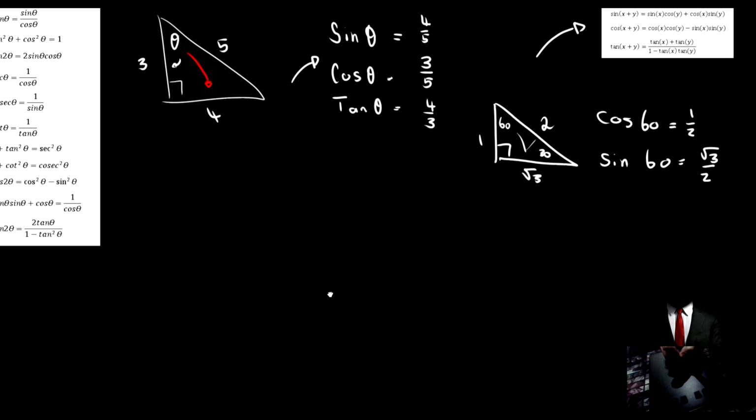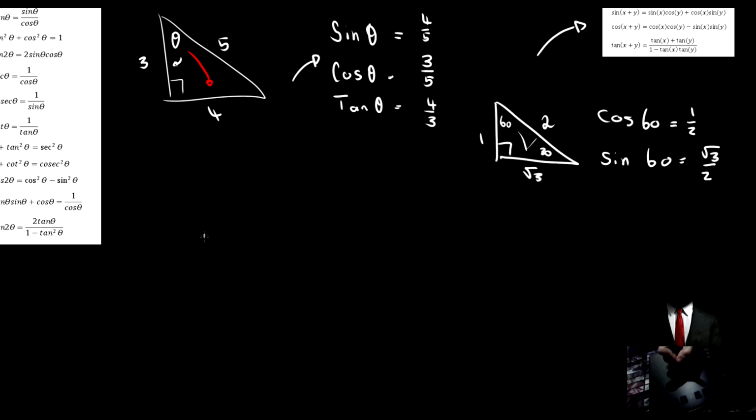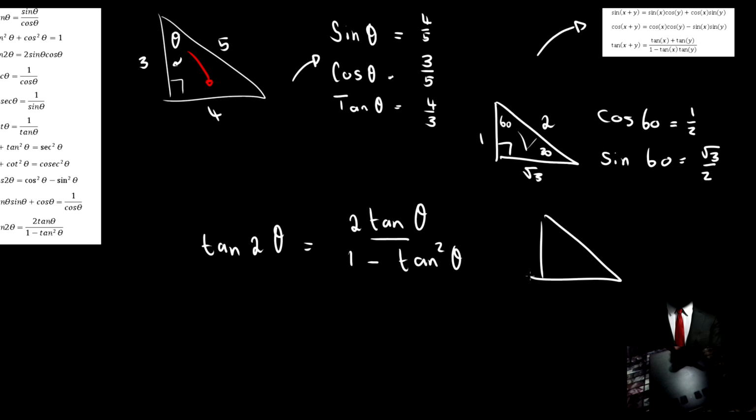Then we have this final one, where we have tan 2 theta is equal to 2 tan theta over 1 minus tan squared theta. In this case, let's pay attention to our special triangle, 45, 45, 90. It's a little special triangle.